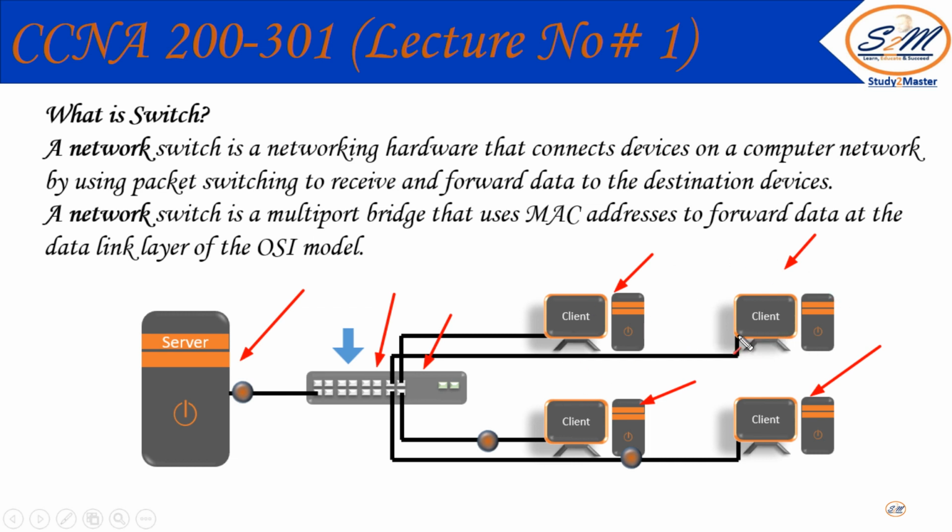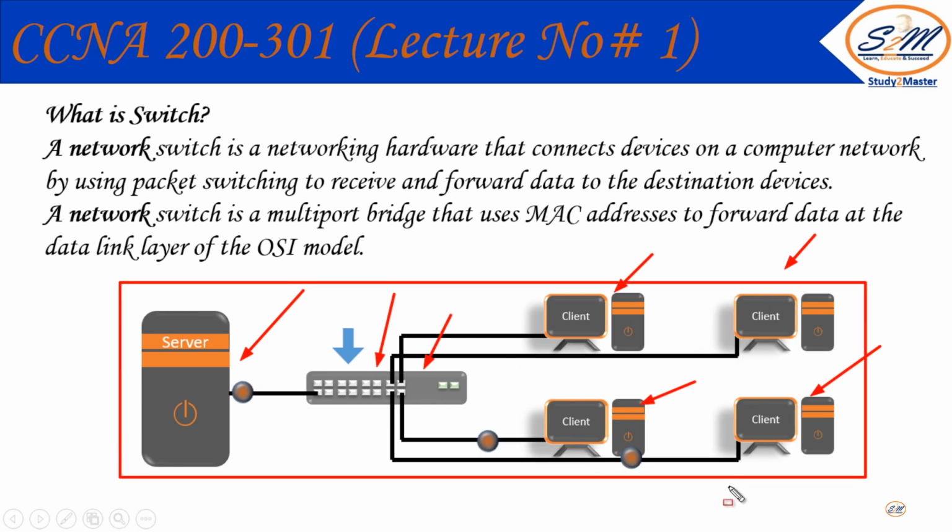If these four clients need information, they will request it from the server, and the server provides it to them. So the switch acts as a bridge between these five computers. In simple terms, this is called a LAN. As I told you, we will have a separate video about types of networks.